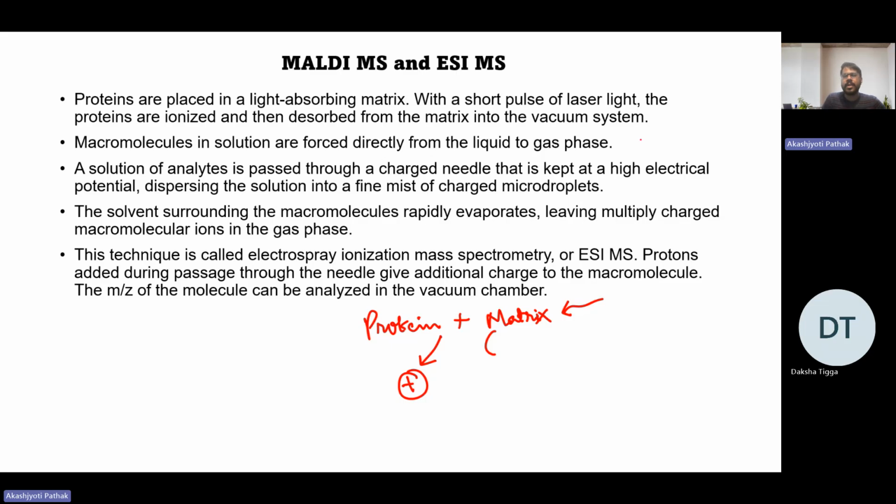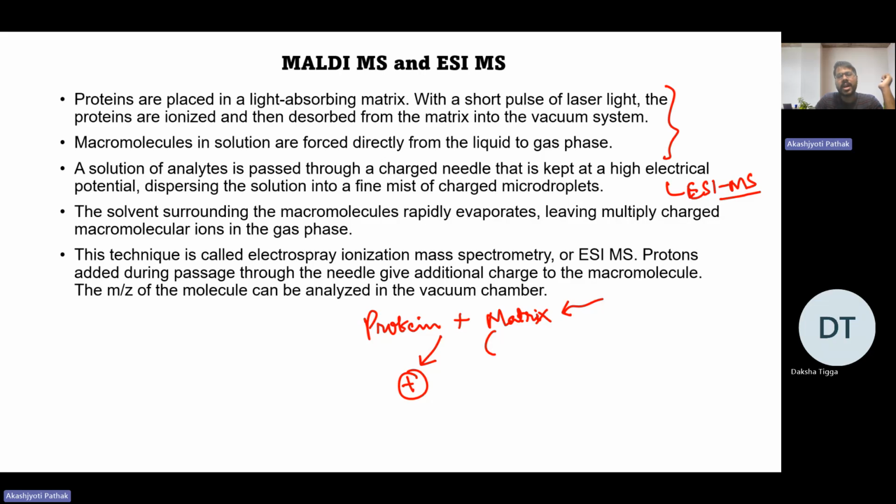So this is the principle of MALDI MS, and this is the principle of ESI MS. In ESI MS, your sample is made to pass through a very fine nozzle maintained at a positive potential. So when your sample is ejected from that charged needle, it will get converted into gaseous ions.